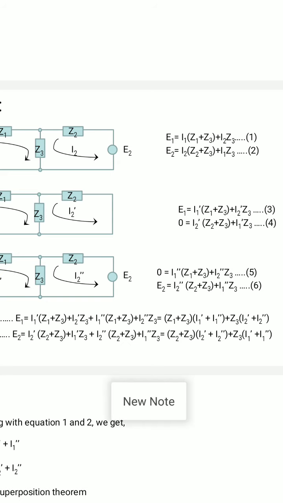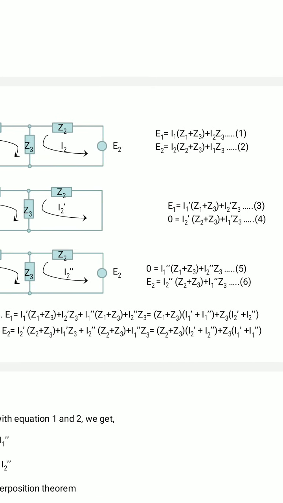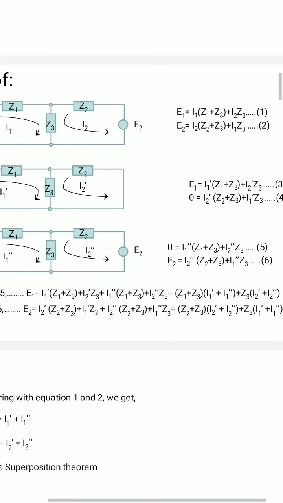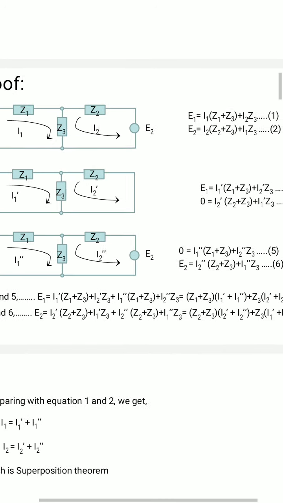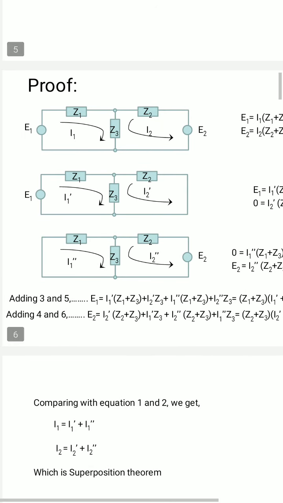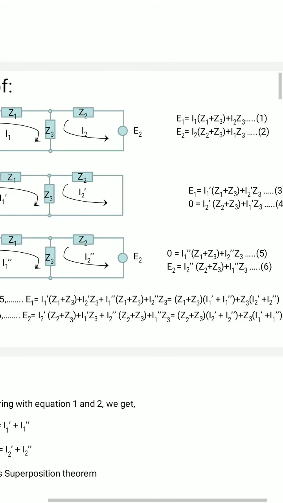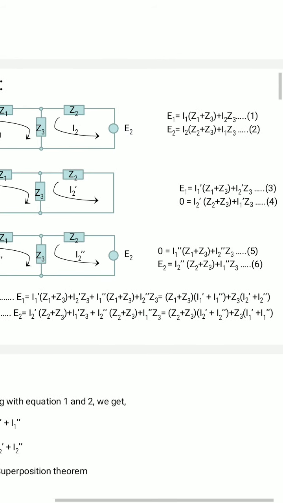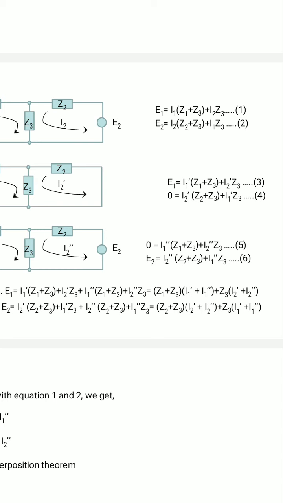Adding 3 and 5, you will get the left hand side equal to E1, and now we compare it with equation 1, whose left hand side is E1 itself. Adding equations 3 and 5, you will get E1 is equal to I1 prime into Z1 plus Z3 plus I2 prime Z3 plus I1 double prime into Z1 plus Z3 plus I2 double prime Z3.